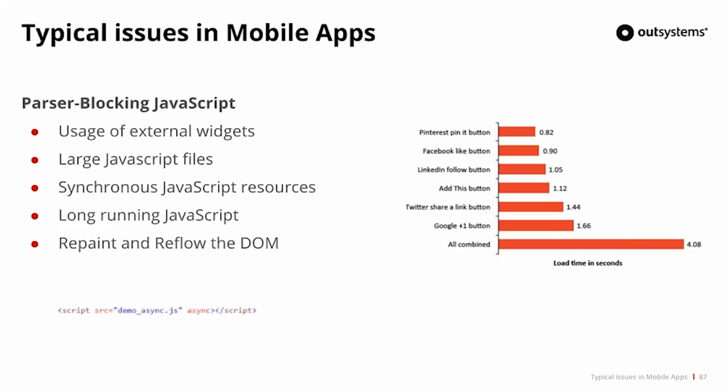So, parser blocking JavaScript. Well, this is a very, very hard hurdle, because when you are trying to download the JavaScript, you start downloading one file, and then everything stops, because the browser doesn't know what process to take, so it will wait to download the file and read the file, and then it will pass to another file.